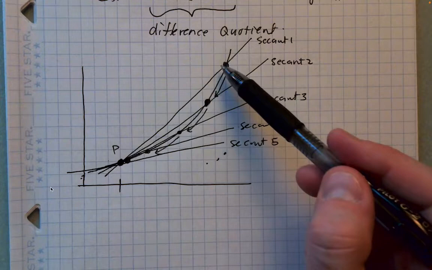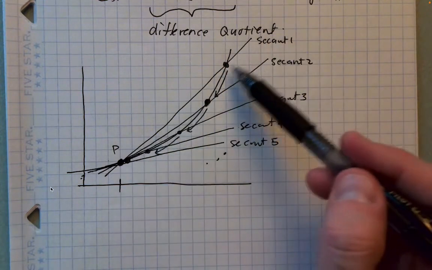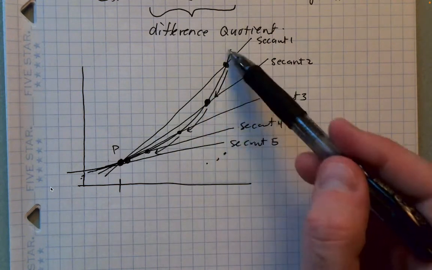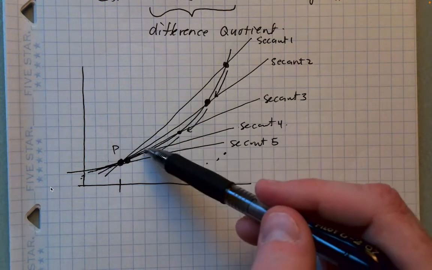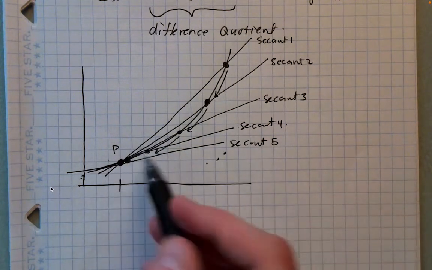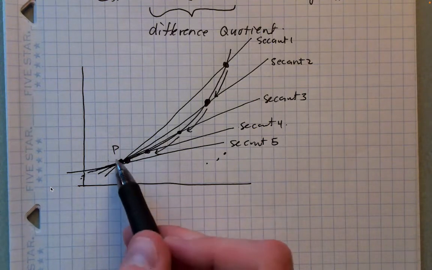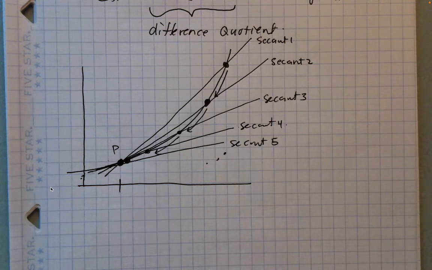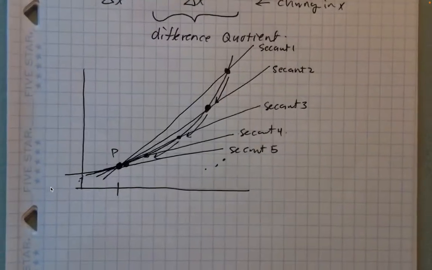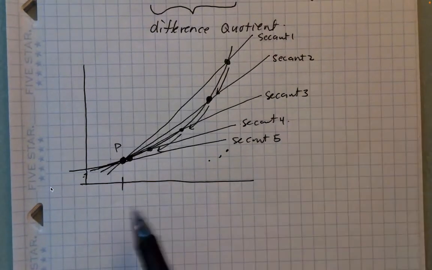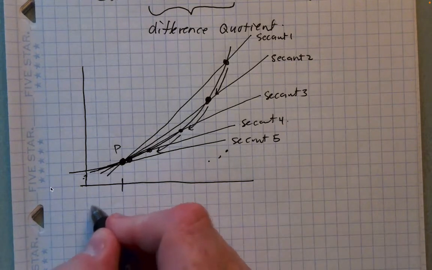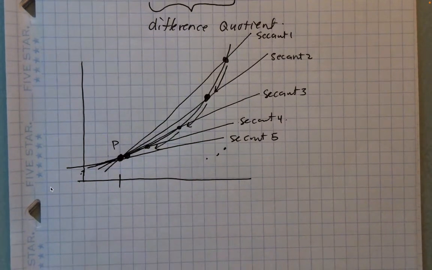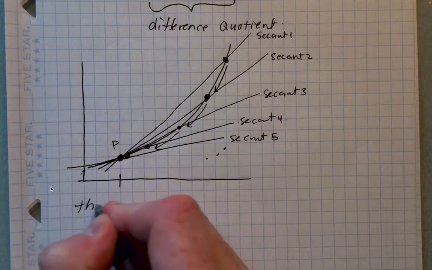I could start with a point that's a little ways away, figure out what the slope is, move the point closer, find the new slope, move the point closer, find the new slope, and so on until I'm dealing with a point that's so close to P that it's indistinguishable from P. Now, what you may be thinking as you see this is the idea of a limit process.